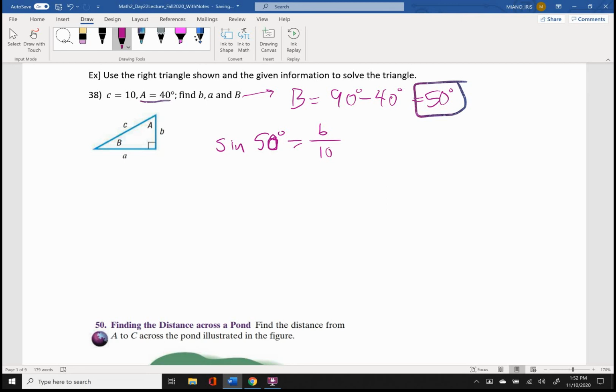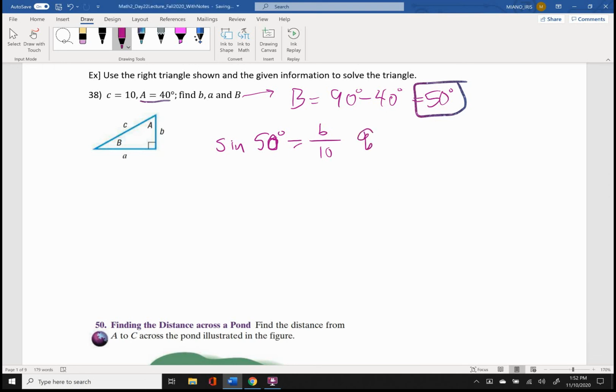We could talk more about that with specific calculators in class, but for our purposes, let's just pretend that we are able to do this, whether we are or not. So I'm going to press sine of 50 and press enter, and I will get 0.766044444.